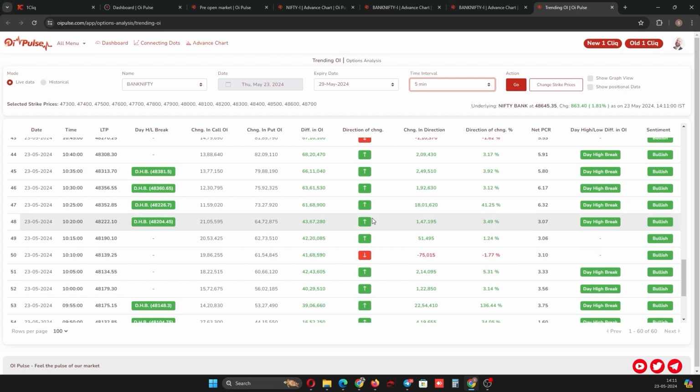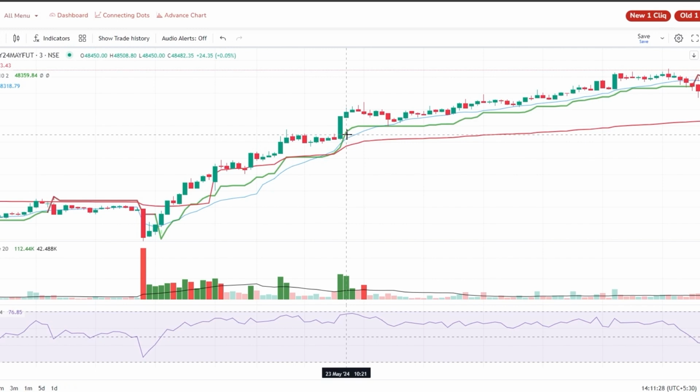So this is a clear indication that the large player is also betting that market will be on call side. Now for this entry, the time is also above 9:45. RSI, VWAP, WMA, everything is matching and open interest is also on our side. Okay, now we can enter on this third candle.